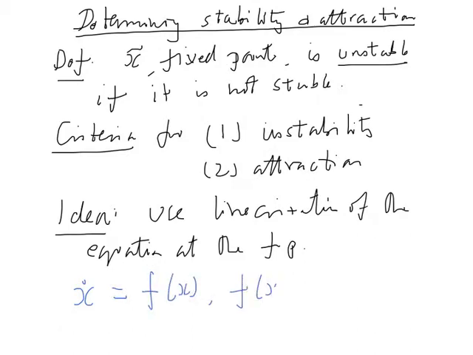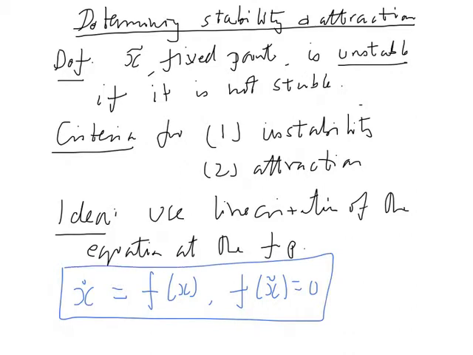The fixed point is determined by f of x tilde is equal to 0, right? And this whole thing is going to lead to the linearization of f at x tilde. So that's df at x tilde. So it's the derivative of f at x tilde, and the claim is that encoded in this is the stability information that we want.